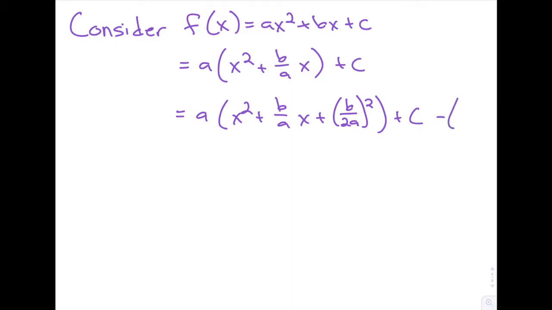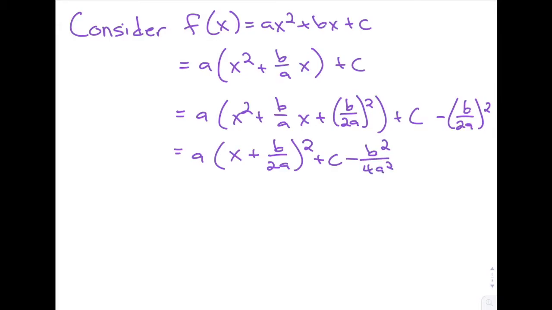So we have to subtract a times b over 2a squared. Lastly, we factor what's inside the parentheses, so we end up with a times the quantity x plus b over 2a, squared, plus c minus b squared over 4a.